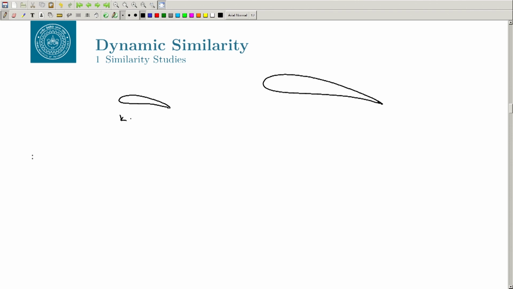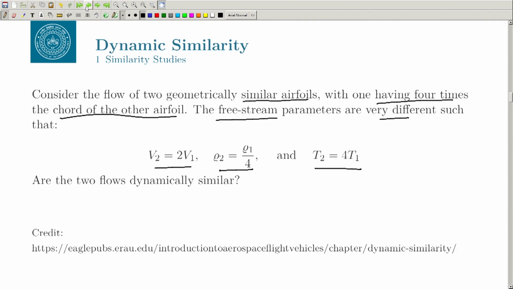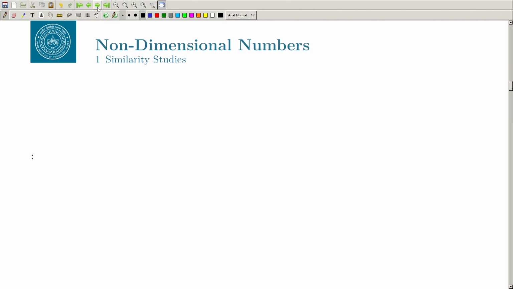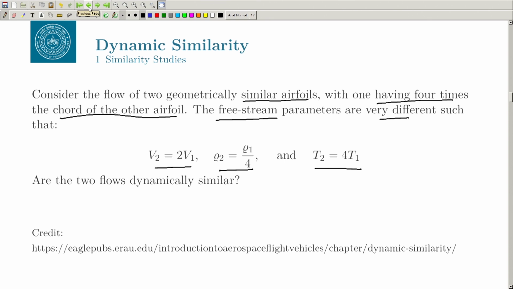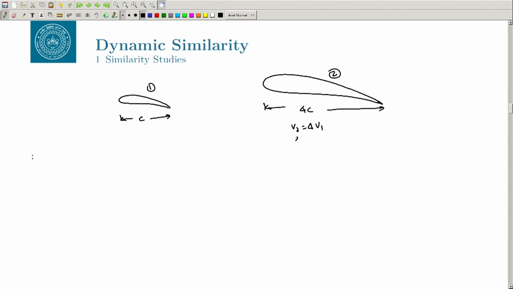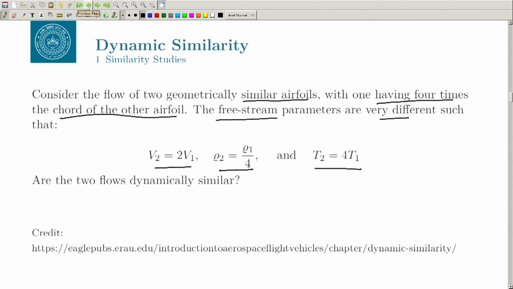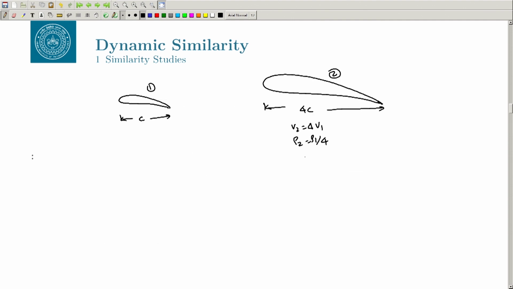This is the chord of C, this is your chord of 4C, right. This is 1 and this is 2, and then V 2 equal to 4 V 1, and rho 2 equal to rho 1 by 4 and T 2 equal to 4 T 1.